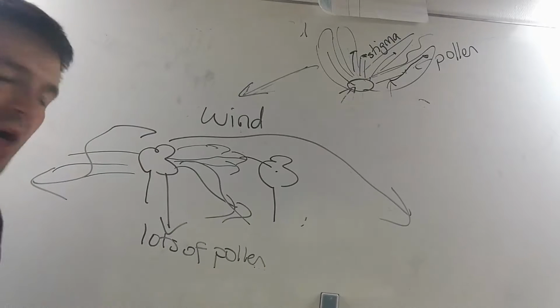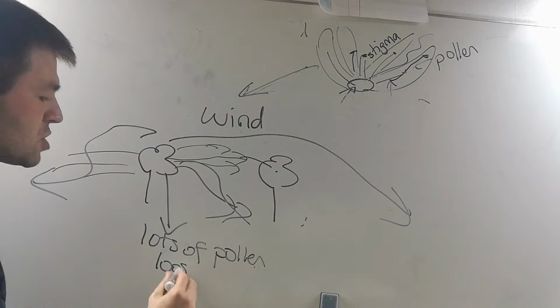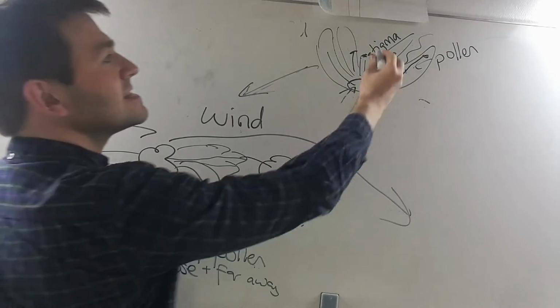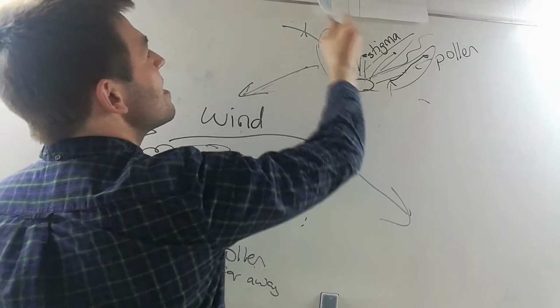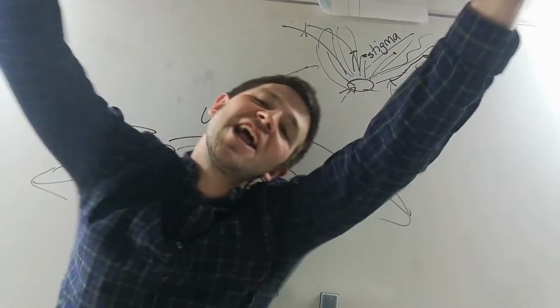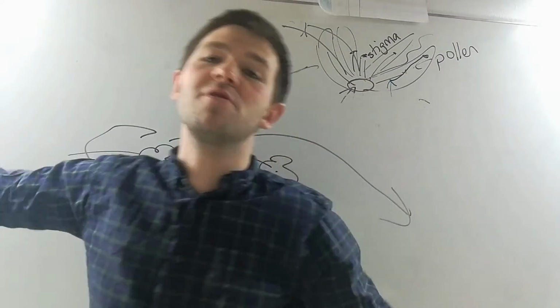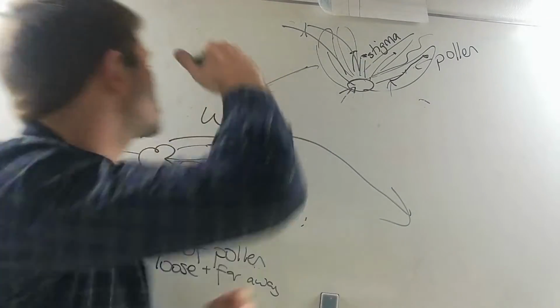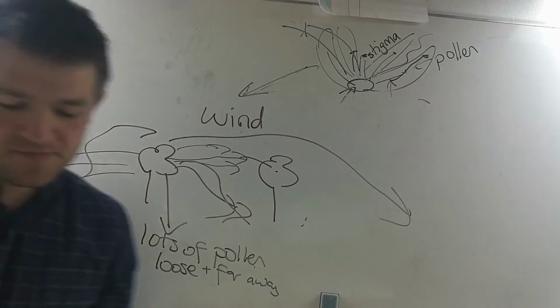And also their pollen is very loose and far away. Their stamen is going to be really long, so it can catch as much wind as possible and blow away with the wind.